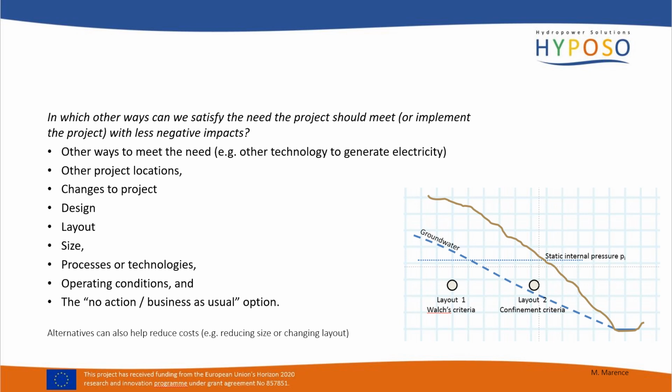So for hydropower projects, alternatives might be, again, changes on the design, on the layout, on the size, or on the operational conditions. Alternatives could also be how the water will be conducted to the turbines.